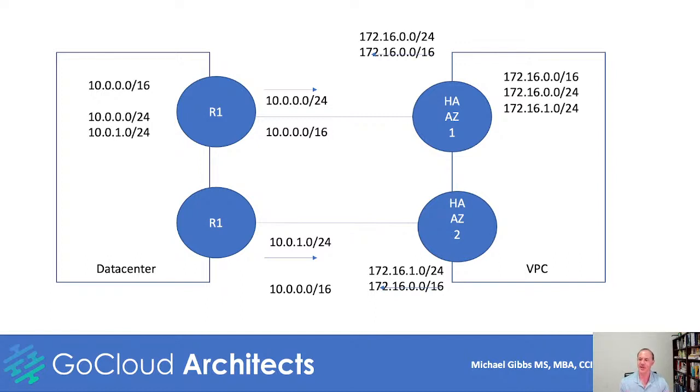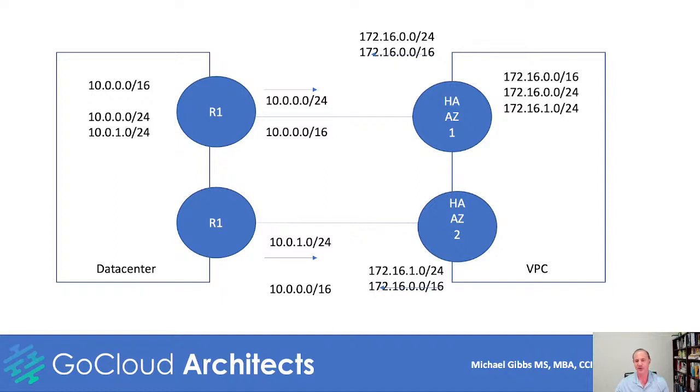Now I ask you all this. Does 172.16.0.0/16, that supernet, include 172.16.0.0 and 172.16.1.0? Everybody, does it? Yes, it does. So what we're doing is we're sending an aggregate or summary route in each direction. Why?